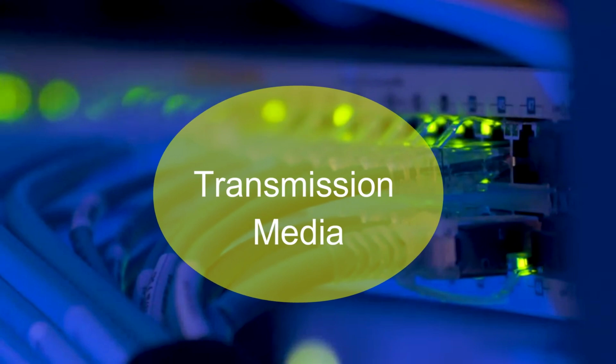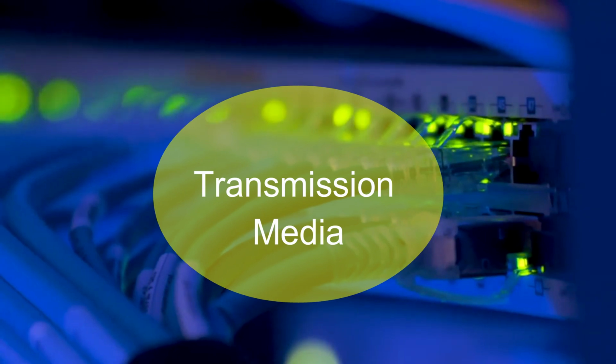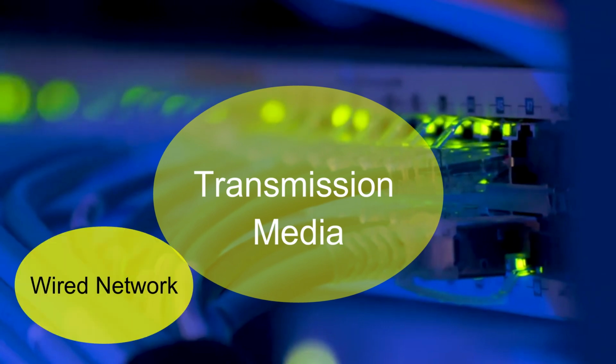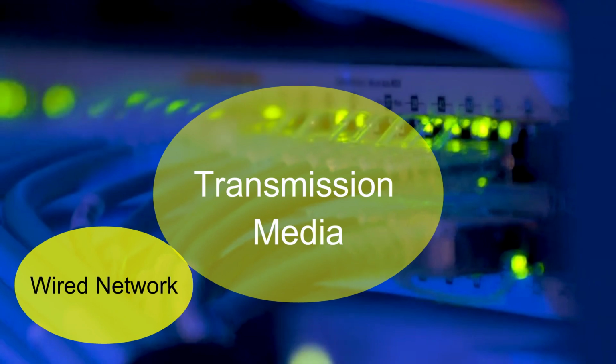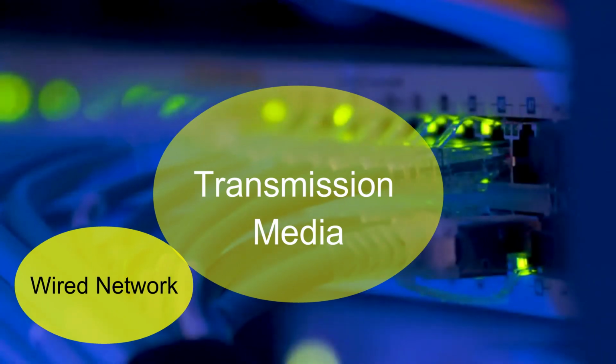Next is the transmission media. Transmission media is the medium or pathway through which the data is being transferred from one device to another in a network. In some networks, devices are connected using wires such as twisted pair cable, coaxial cable, fiber optic cables.